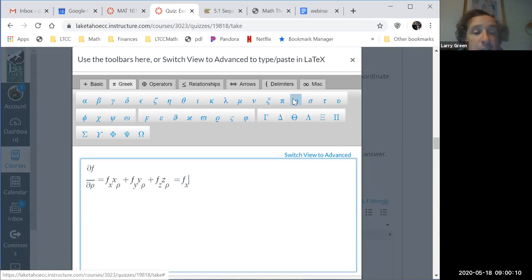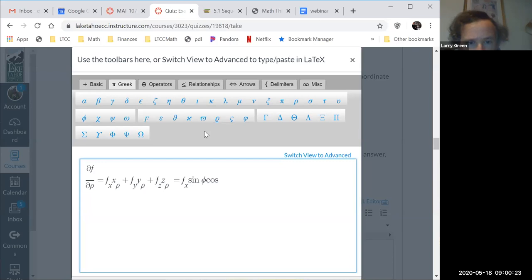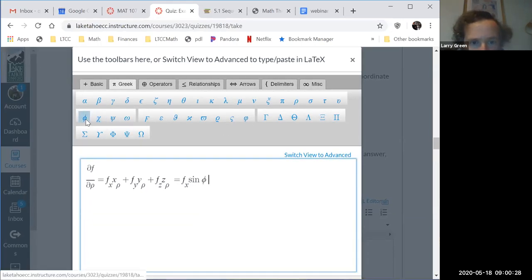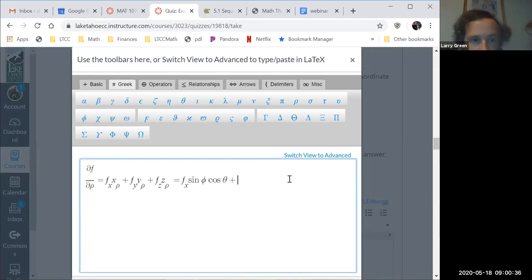X rho we do know, because x was rho times sine phi cosine theta, so it's just sine of phi times the cosine of theta. And then plus f sub y times y rho.